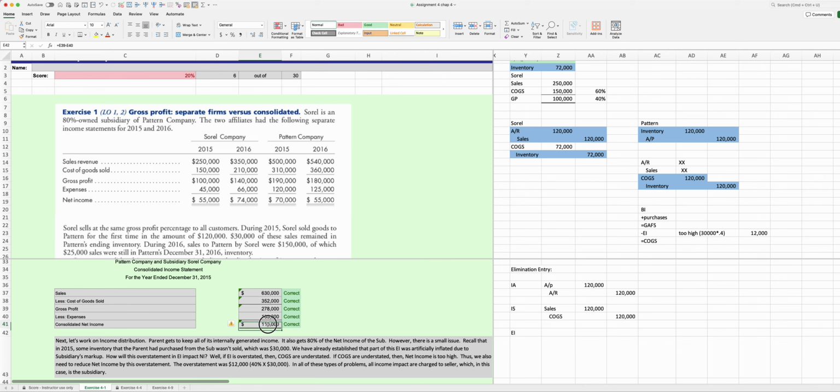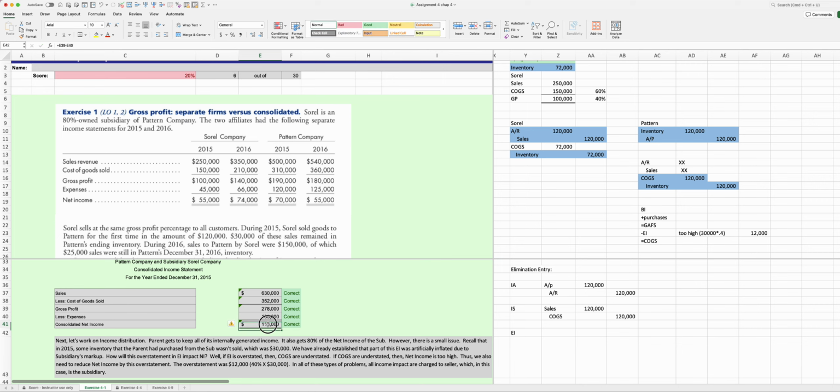Now, because the ending inventory is inflated, that means next year's beginning inventory is also inflated, and we'll need to deal with that when we get down to 2016.